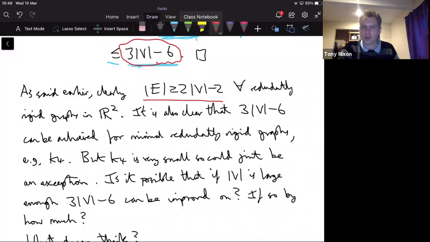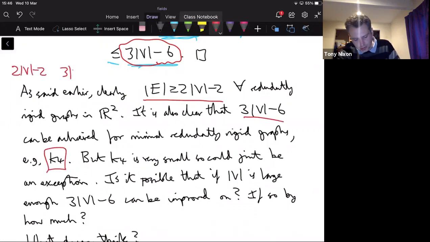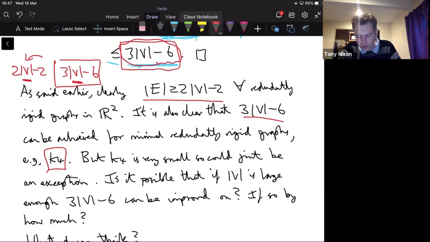And we know K4 can be achieved because it is achieved for the very smallest one just by chance. But that's because K4 satisfies both this and this. And obviously as V gets larger, this one gets much, much bigger than this one. So is it possible we could actually do better than 3V minus 6 if we assume that V is large?